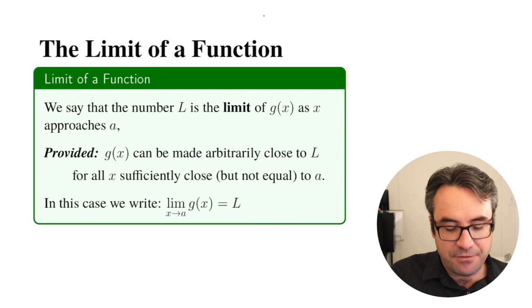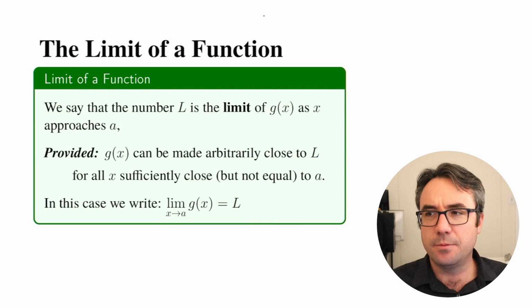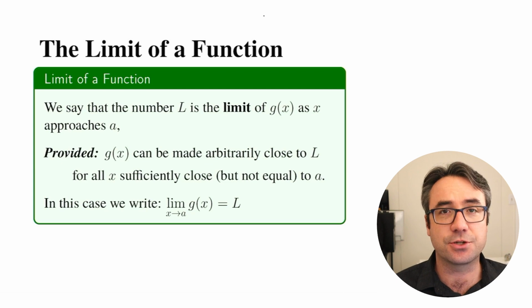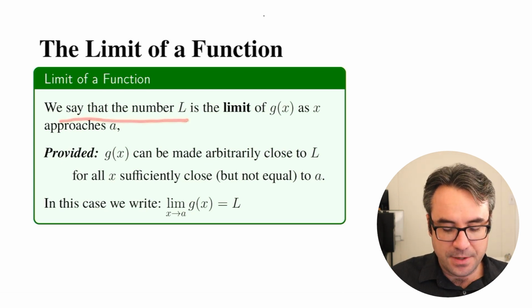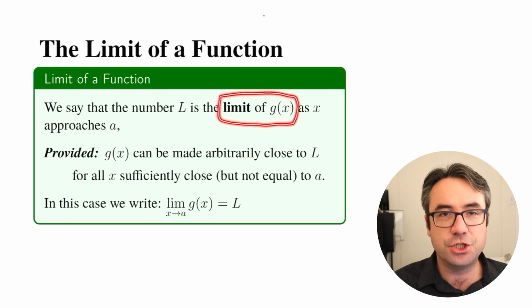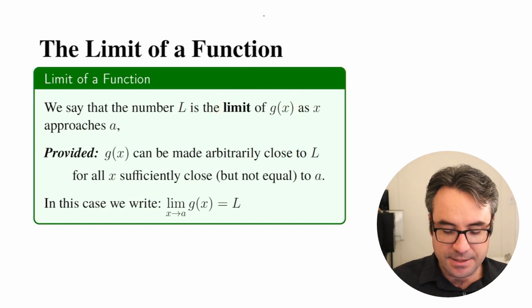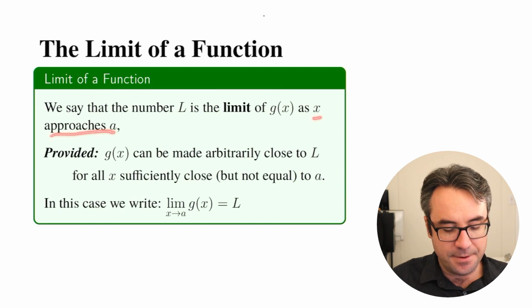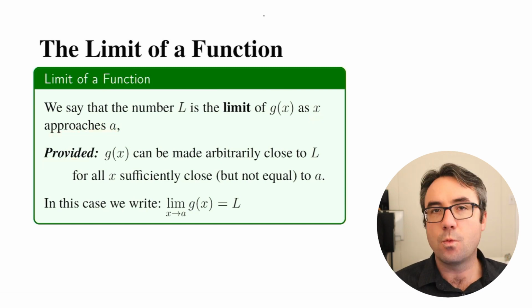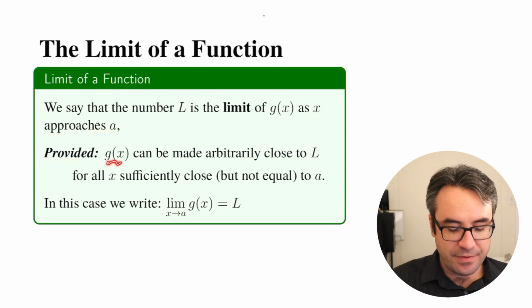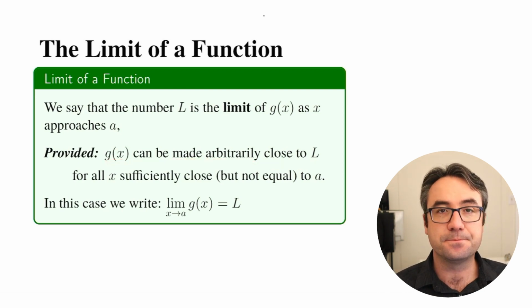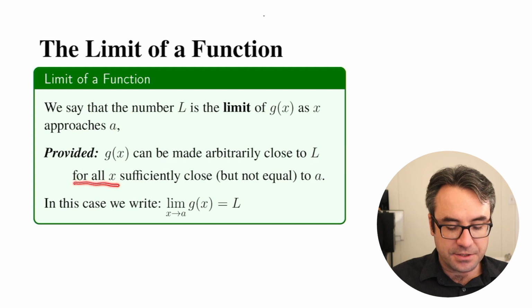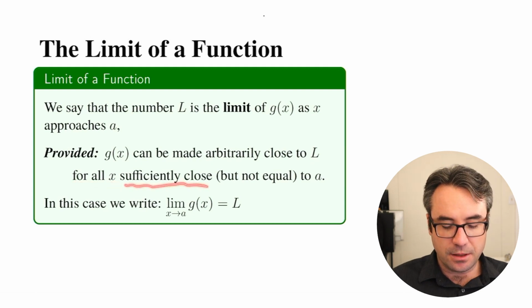Let's read through the definition, and then we'll talk a little about what this definition actually says. We say that the number L is the limit of a function g of x as x approaches a, provided g of x can be made arbitrarily close to this number L for all x values that are sufficiently close but not equal to a.